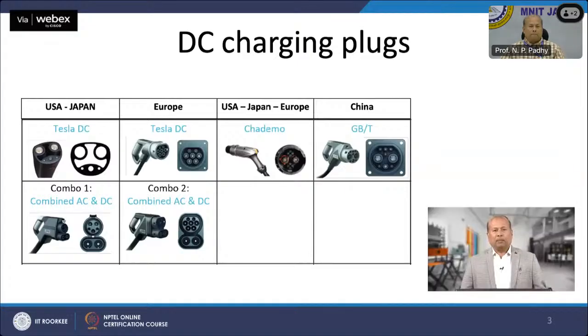USA and Japan have Type 1 AC and Type 4 CHAdeMO DC, Combo 1 AC-DC, and Tesla's proprietary AC connector. Europe has Type 2 AC, Type 3 AC, Type 4 CHAdeMO DC and Combo 2 AC-DC. China has Type 2 based AC and its own DC GBT connector.